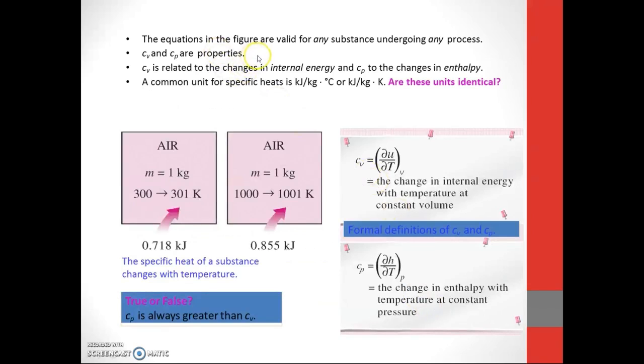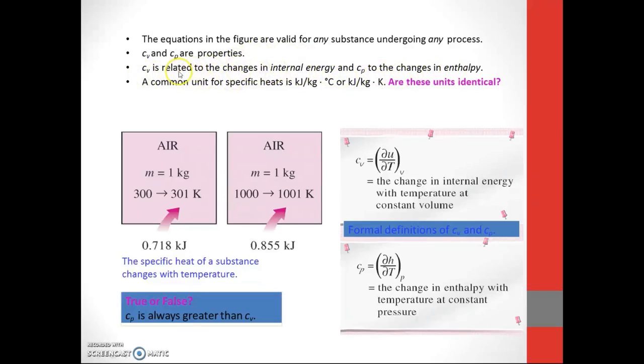The equations in the figure are valid for any substance undergoing any process. CV and CP are properties. We have values for CV and CP, and we can also find them in the table. CV is related to the changes in internal energy and CP to the changes in enthalpy. This one is interesting, you have to remember this.